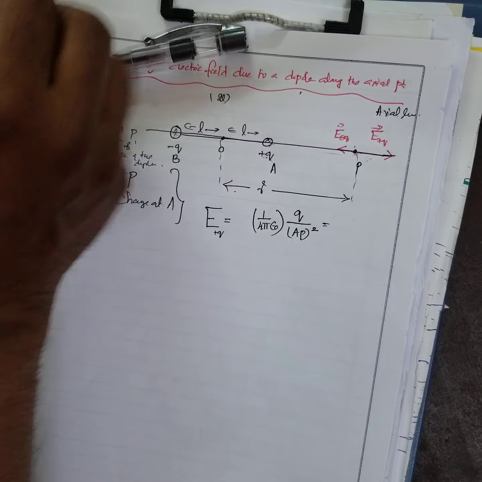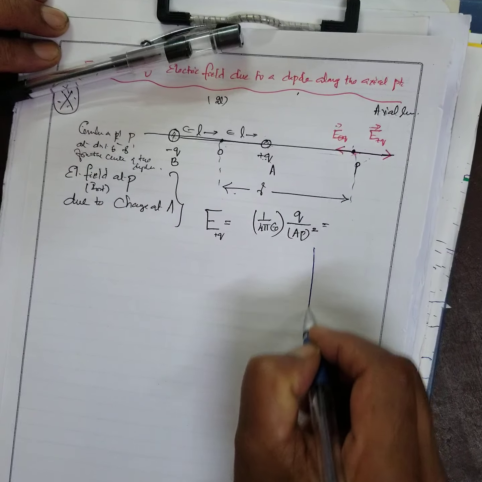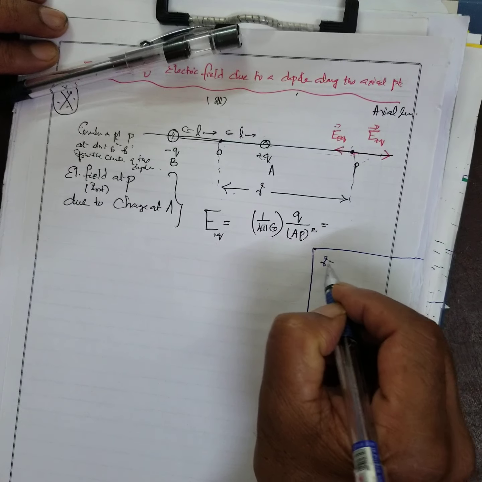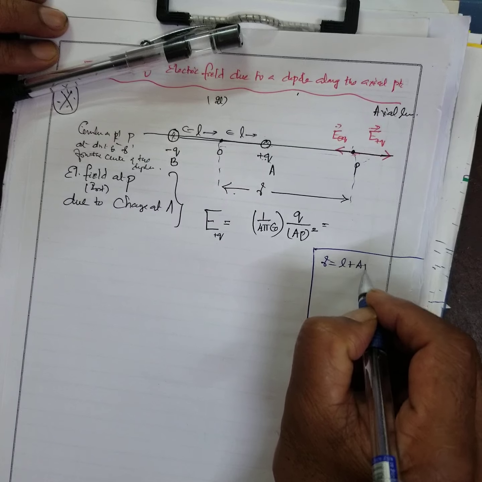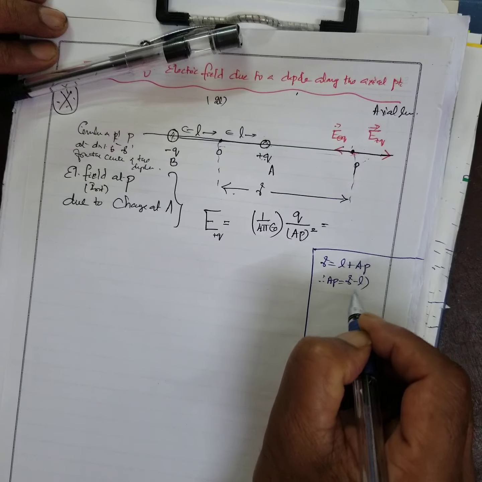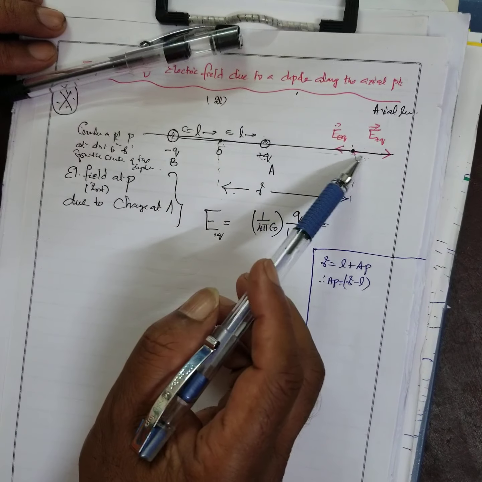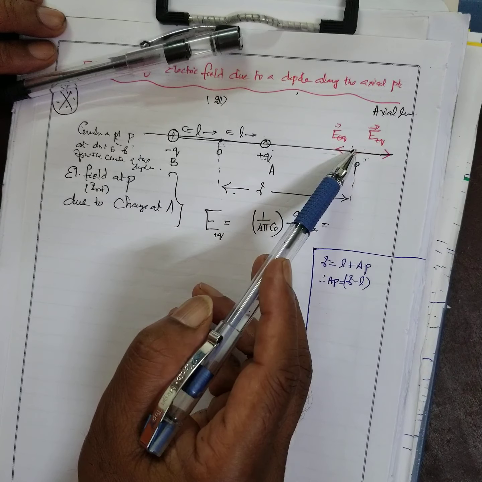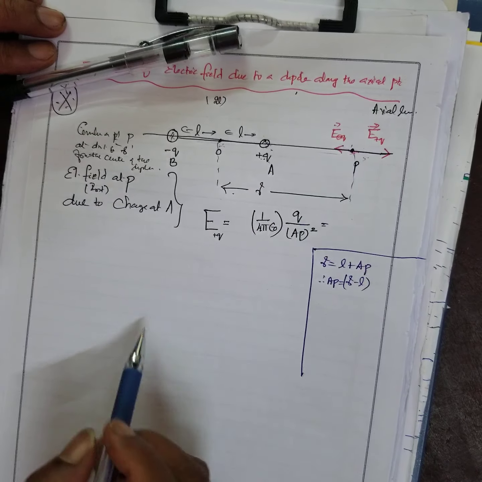You can easily tell: from the center to P is R, and R is L plus AP. Therefore AP is R minus L. Can you follow? Similarly, L plus AP is equal to R, therefore AP is R minus L.